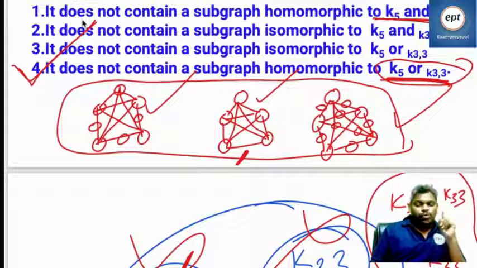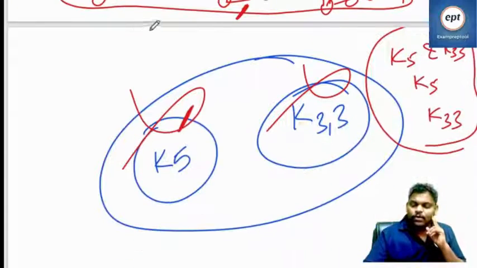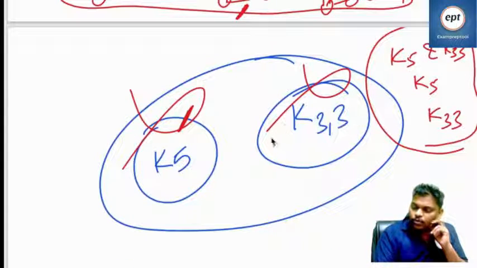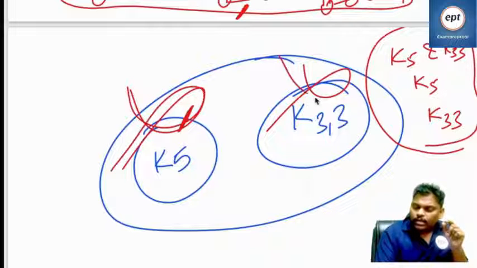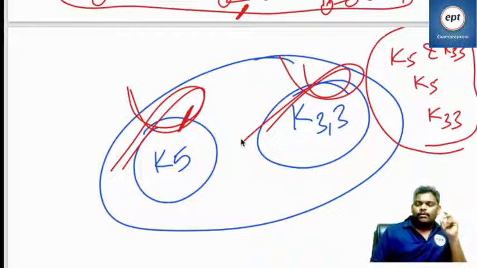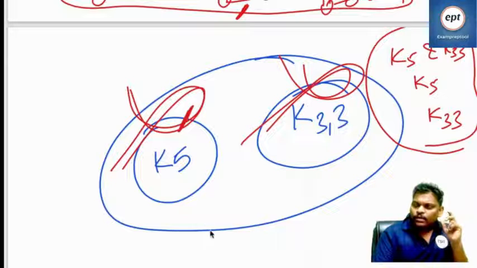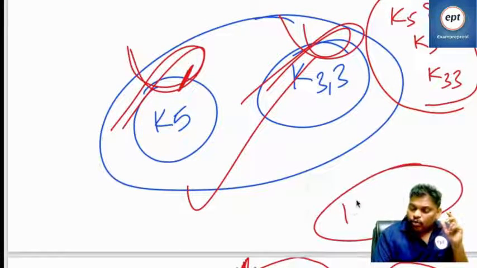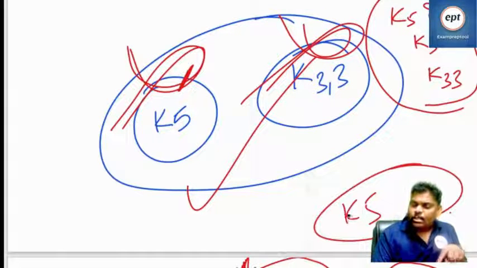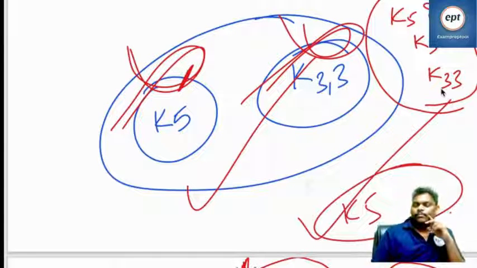The first keyword is homomorphic. The second is which does not contain K5 or K33. According to the first option, if both are not there, then only it is planar. But if only one is there, according to the first option, it is planar.